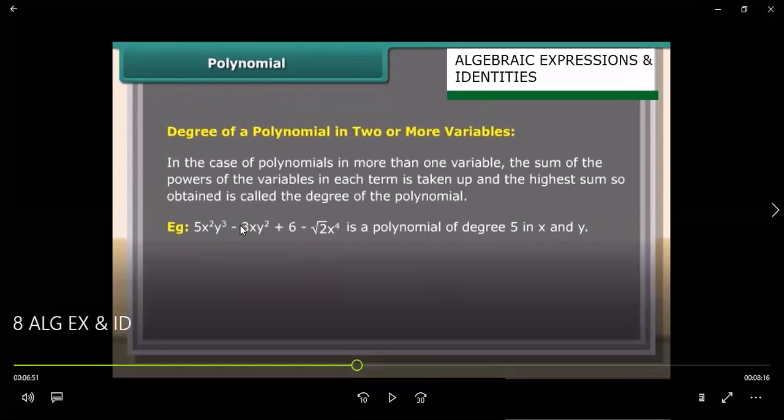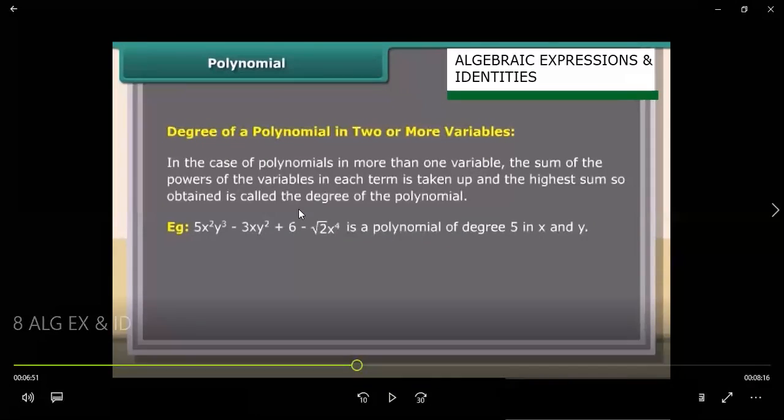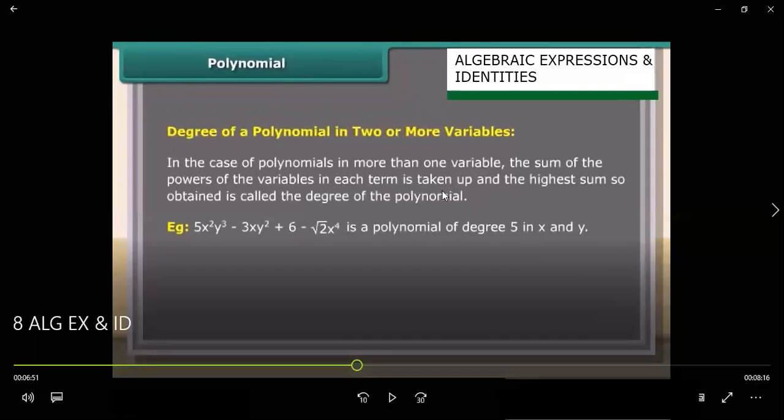So this is the first term, 5x squared y cubed. We take the sum of the powers of the different variables. Here the power of x is 2 and the power of y is 3, so 2 plus 3 gives 5. We have to take the highest power with the combination of variables.